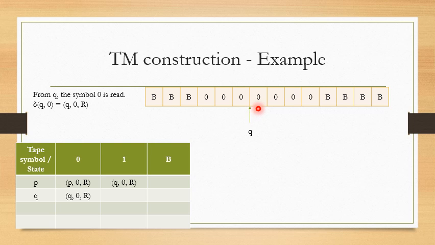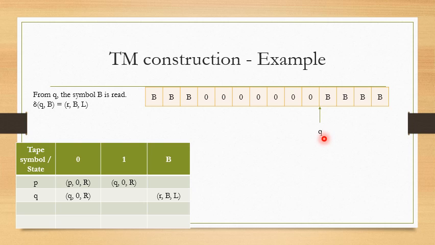Now from Q I am reading all the zeros. All these zeros will be read from state Q till I reach a blank. The next 0 is read, again the next 0 is read, again the next 0 is read from state Q, and then from state Q I am reading the blank symbol. This means I have come to the end of the input. Now I can move to the left and make the last 0 a blank.